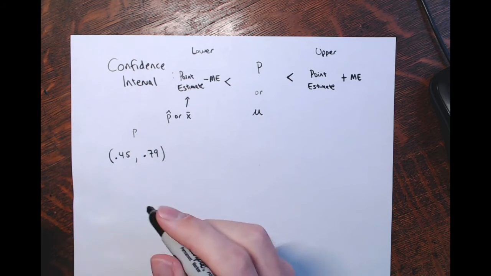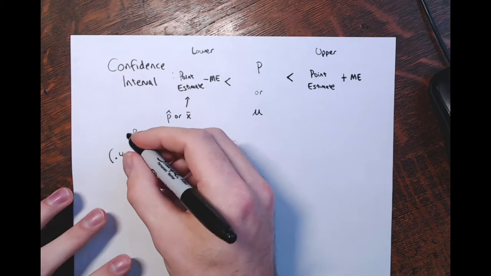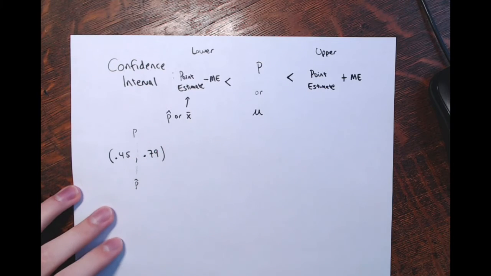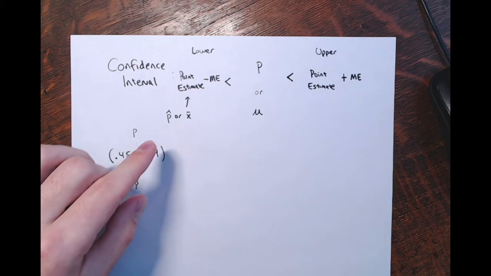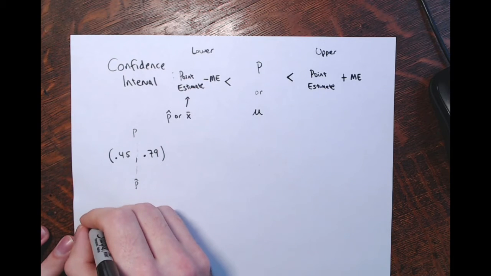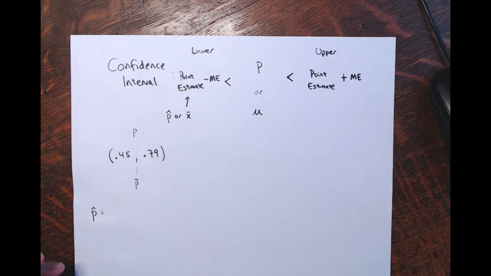There are two ways you could find the margin of error. One is to find the middle. The very middle of the confidence interval is where our point estimate, p hat, is.